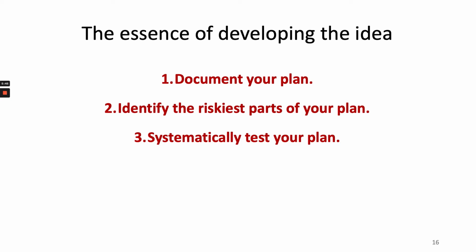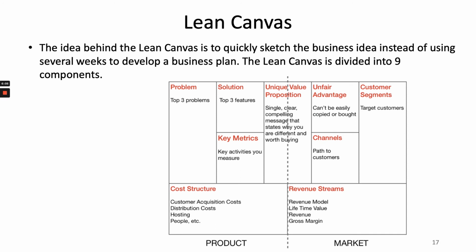So the essence of developing the idea is that you should document your plan using Lean Canvas or a business plan, identify the riskiest parts of your plan, and systematically test your plan. We'll show the steps later on.